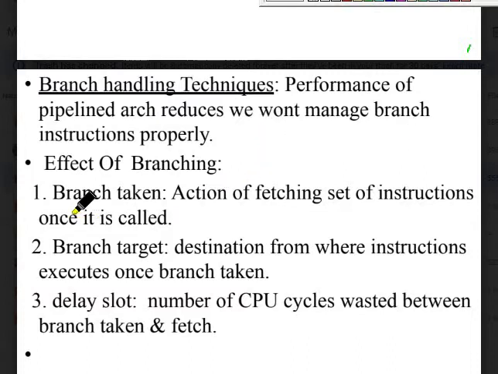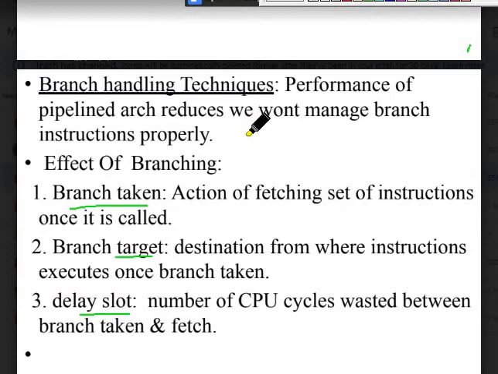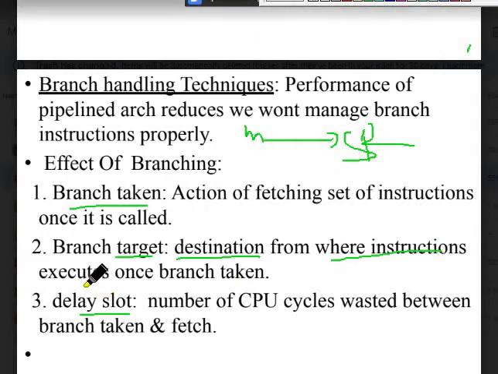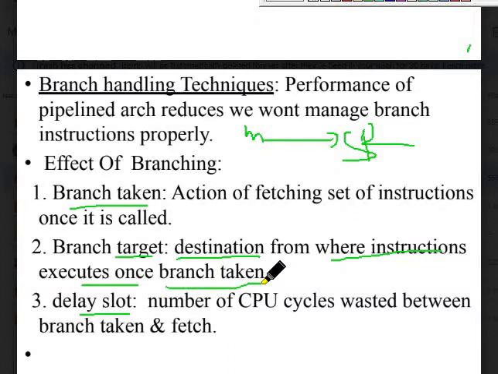Okay, there are three definitions: branch taken, branch target, delay slot. What do you mean by branch taken? From main to subroutine, control gets shifted, and this activity is called branch taken. So what do you mean by branch target? It is a value, a memory location called the destination, from where instructions get executed once the branch is taken.